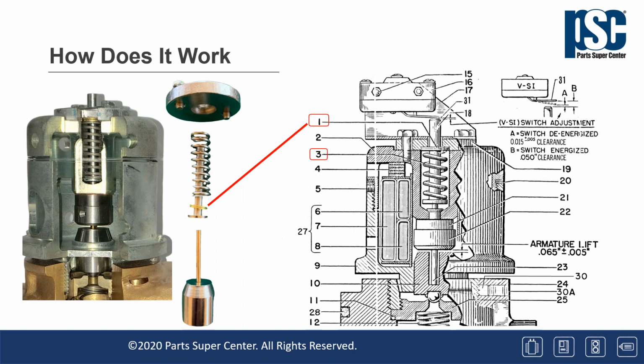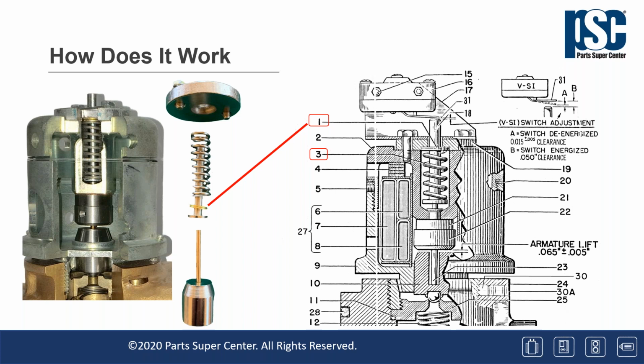In the line drawing on the left side of the page, the shim washers are shown above the pilot armature bias spring, which is item number 3. On the left side, the photograph shows the shim washers below the spring. They can go in either position, and it's easier to reassemble the valve with the shim washers on the bottom.